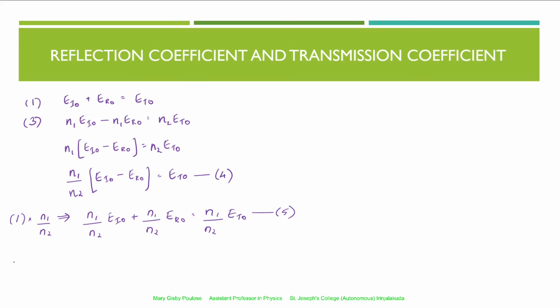Now, adding the fourth equation and the fifth equation, we get 2 times n1 by n2 Ei naught is equal to n1 by n2 Et naught plus Et naught. That is n1 by n2 plus 1 into Et naught.